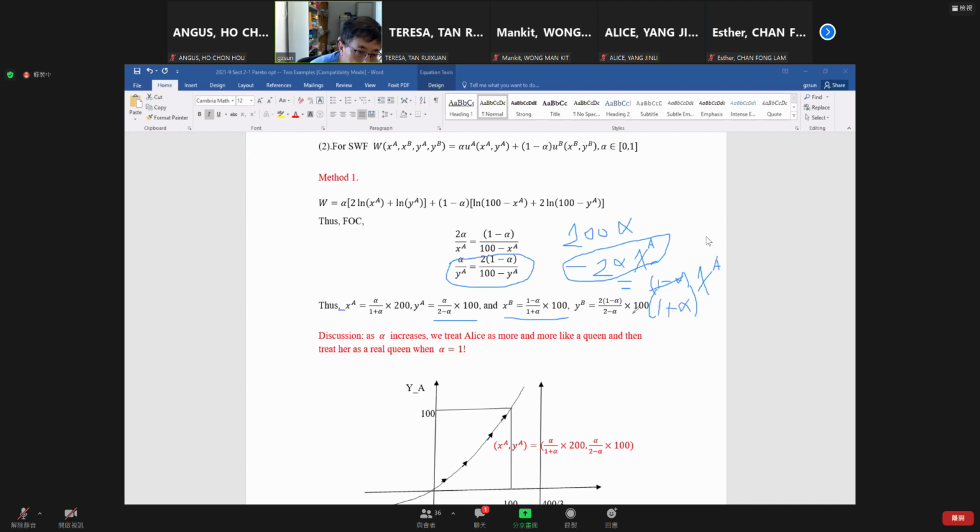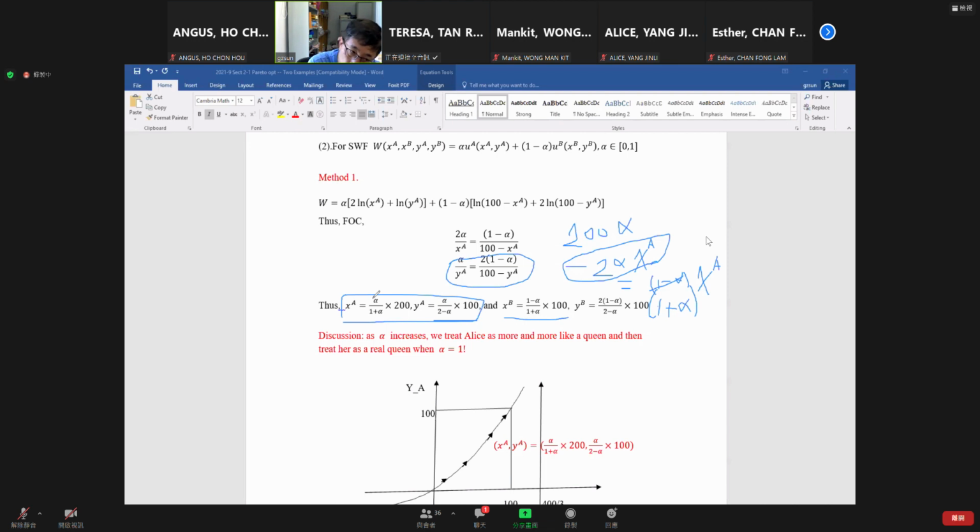Okay, this step is rather easy, much easier and simpler. And what's interesting is, let's make some discussion about it. What can we learn as economists about this solution? The idea is when alpha increases, this number also increases because this is an increasing function of alpha.